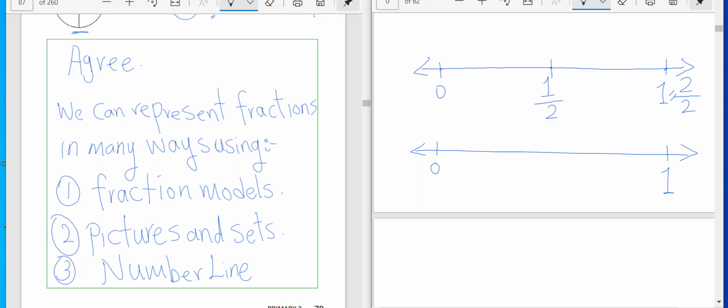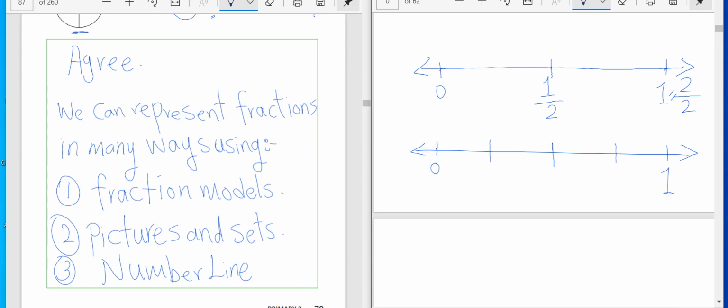The second number line, we want to divide it into fourths. How many fourths in one whole? Yes, 4 fourths. So we must divide the one whole into 4 equal parts. How can we divide one whole into equal parts? At first, we divided it into 2 equal parts. After that, divide each part into 2 equal parts. So now we have 4 equal parts.